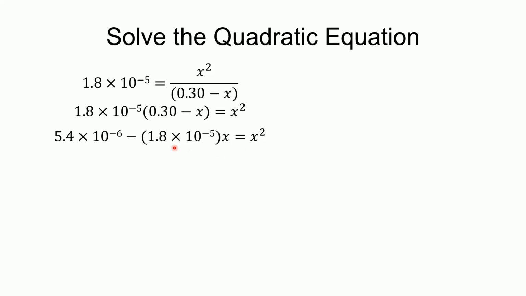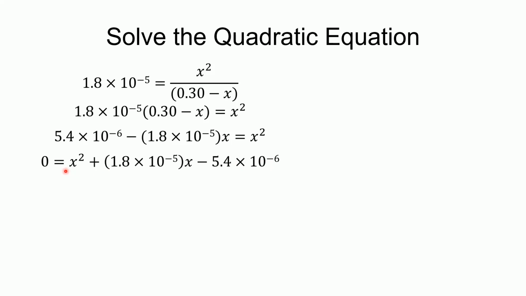Well, now we simply want to move these two things over to the other side of the equation so that we will have 0 equals x squared and then the rest of our normal form. So 0 is equal to x squared plus 1.8 times 10 to the negative 5x minus 5.4 times 10 to the negative 6. Well, this is where the quadratic formula comes in.